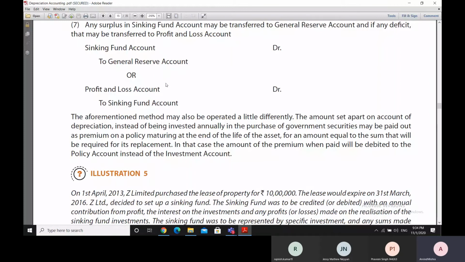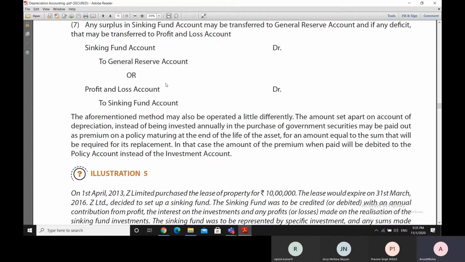Here, instead of buying government securities with which we can purchase a new asset once the useful life of the old asset is over, we are just buying an insurance policy, and what we are paying out is a premium on the insurance policy.